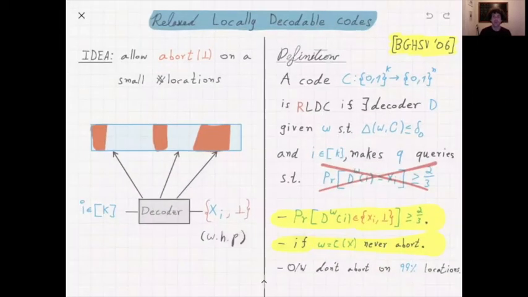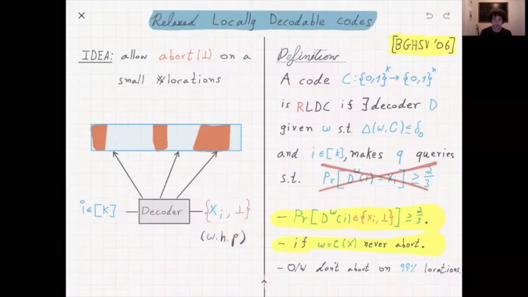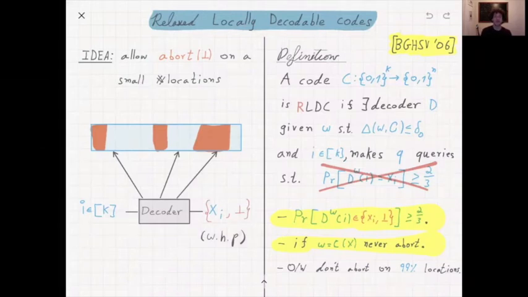Okay, so what are relaxed locally decodable codes? There is a rather modest relaxation. We allow the decoder to abort, and by that I mean output an "I don't know" symbol, in this case bot, on a very small number of the locations.